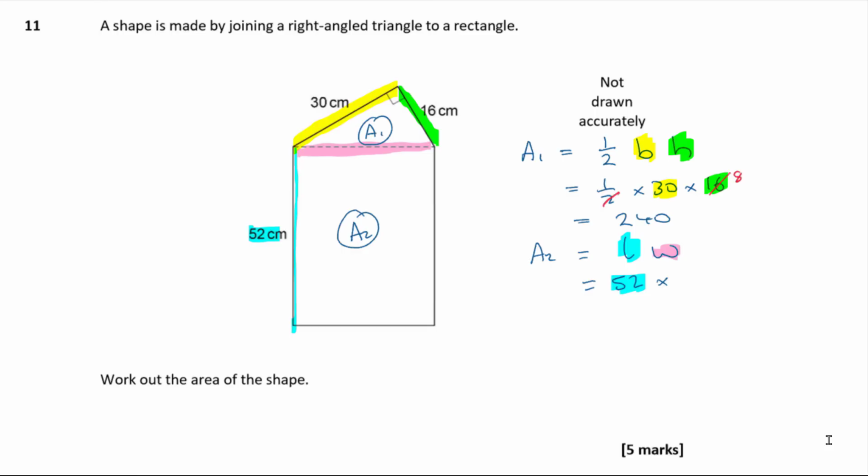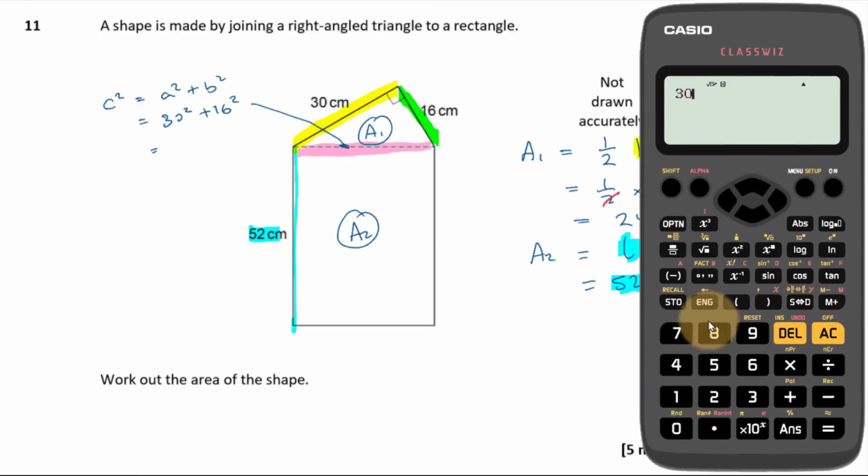So I can just use Pythagoras' Theorem to find this one. Okay, so here I can use c squared equals a squared plus b squared, where a is 30 and b is 16. Okay, so what's that then? 30 squared plus 16 squared comes out to be 1156.